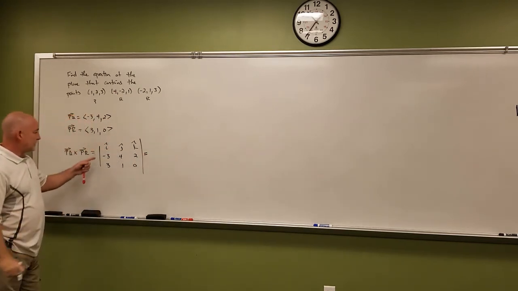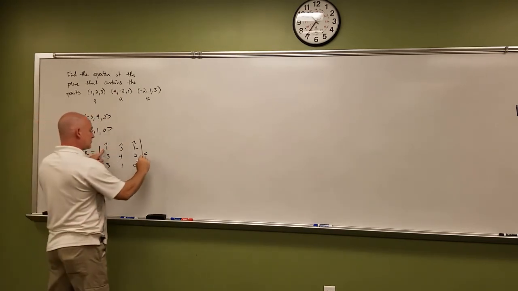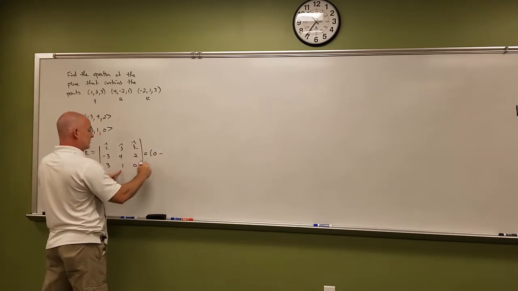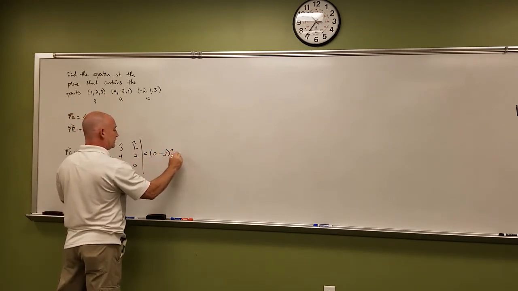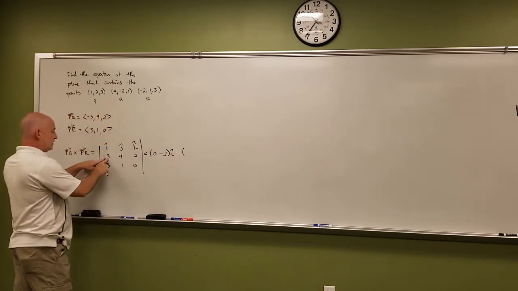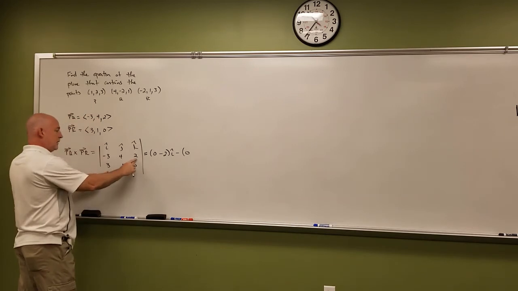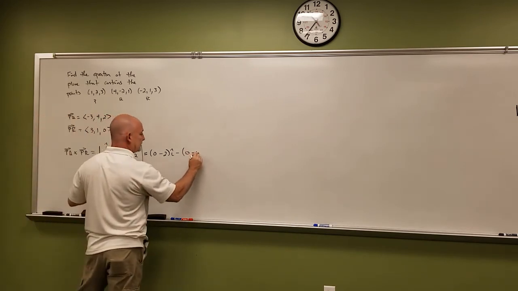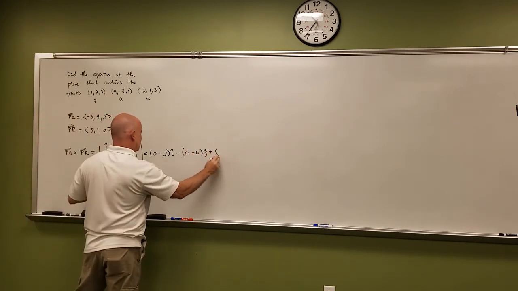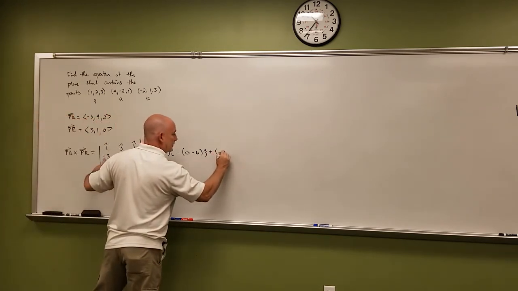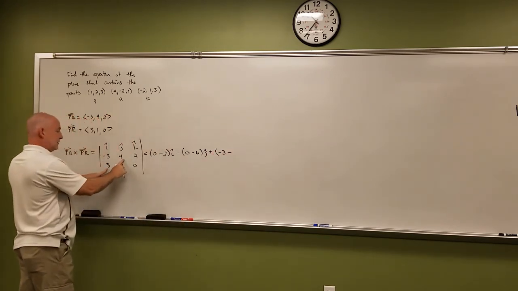I remember how we did this. In the i direction, that's going to be 4 times 0, which is 0, minus 2 times 1 is 2 in the i direction. Minus in the j direction, that's going to be negative 3 times 0, which is 0, minus 2 times 3 is 6. And in the k direction, that's going to be negative 3 minus 12.